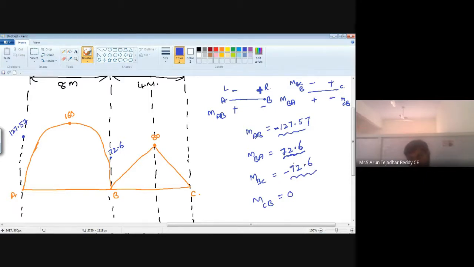Value is minus. So in the BC span we got minus value. Minus means above the beam. Value is 72.6, so same value mark here. Now MCB is 0. Now mark this point.